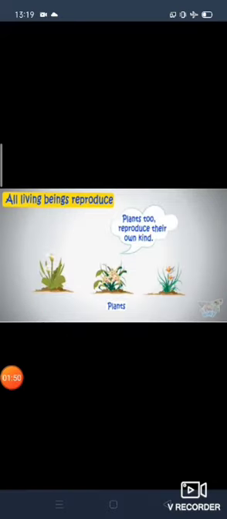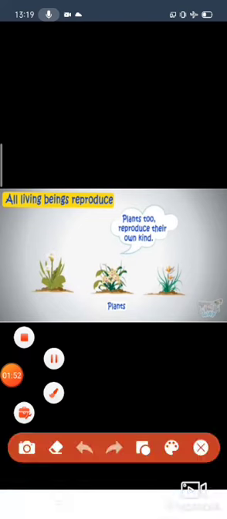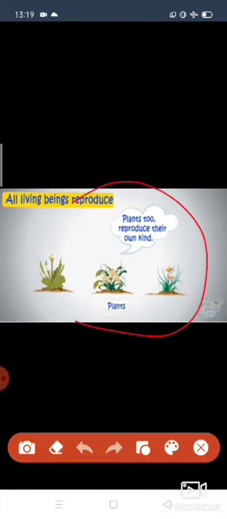So as you can see, plants too reproduce their own kind, means plants reproduce the same plants. For example, a rose plant can reproduce the same plant, and vegetables, fruits, so many plants are there. The plants also reproduce their own kind.